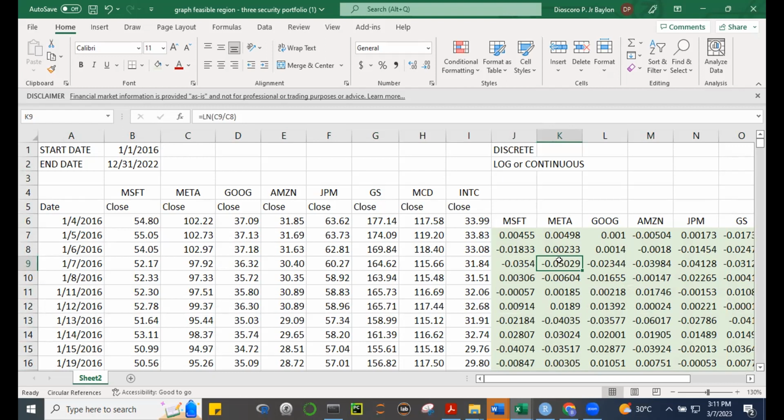By how much did Microsoft grow from January 4, 2016 until December 30, 2022? How much was its continuous return, its log return?